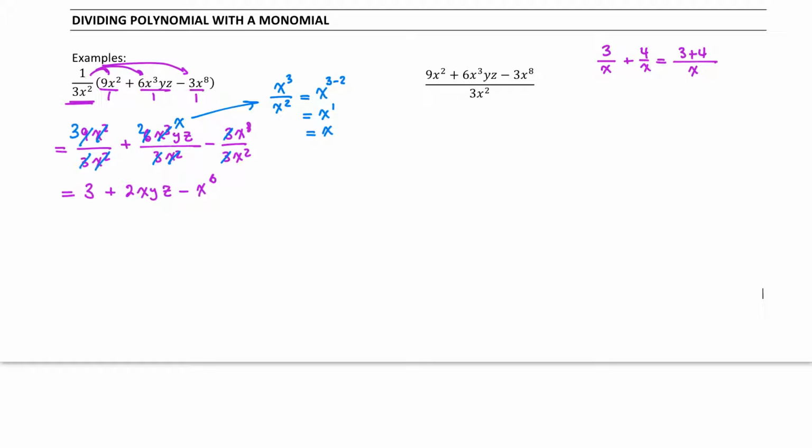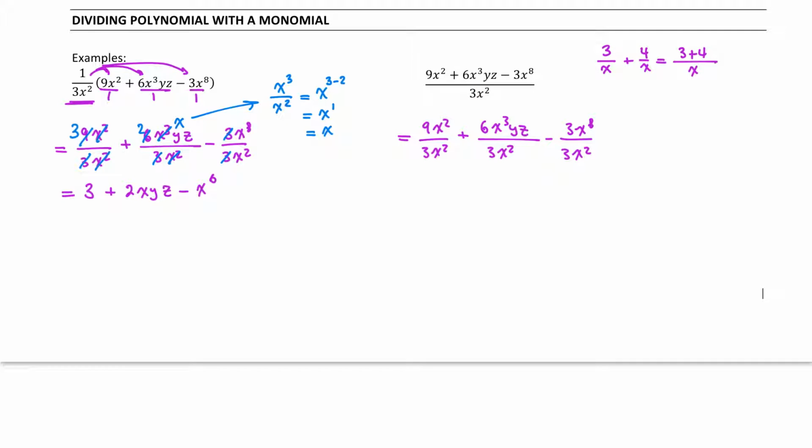So to write this out, I get 9x squared divided by 3x squared plus 6x cubed yz over 3x squared minus 3x to the 8th divided by 3x squared. And once again, this divided by this, and this divided by this.